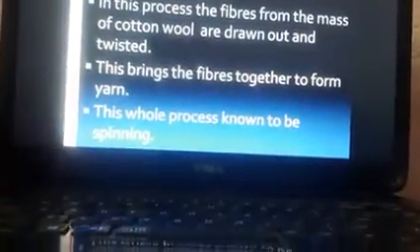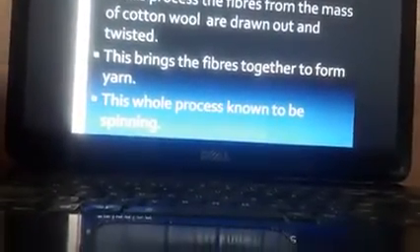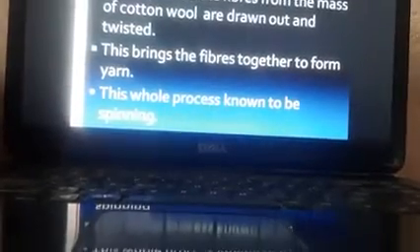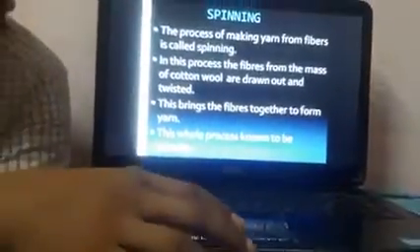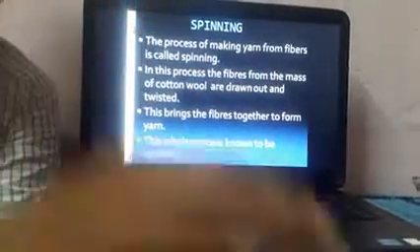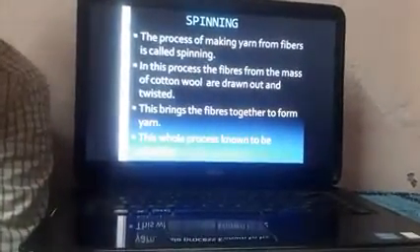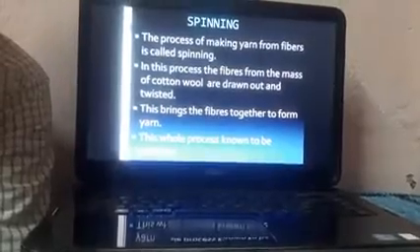These very thin fibers are brought together and twisted together, and this makes yarn. This whole process is known as the spinning process. Is this clear? Spinning is the process in which we prepare yarn using the fibers of cotton.